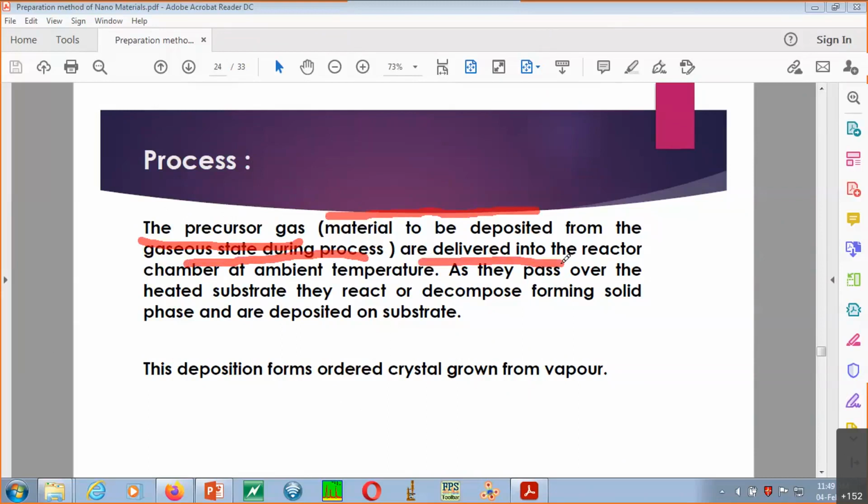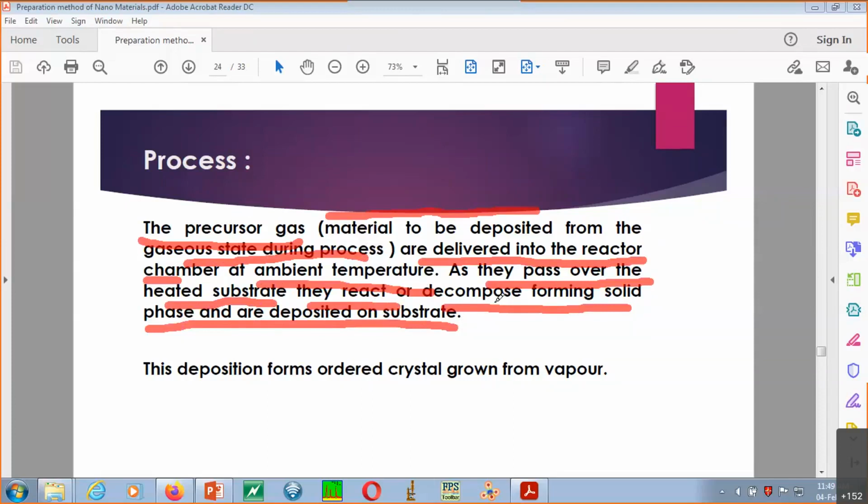They are going to be delivered into the reactor, as I said, at ambient temperature, and as they pass over the heated substrate which you had in the diagram, they react on that substrate and decompose, forming a solid phase, and are deposited on the substrate. So whenever these gases come in contact with the heated substrate, they will decompose and deposit on the substrate.